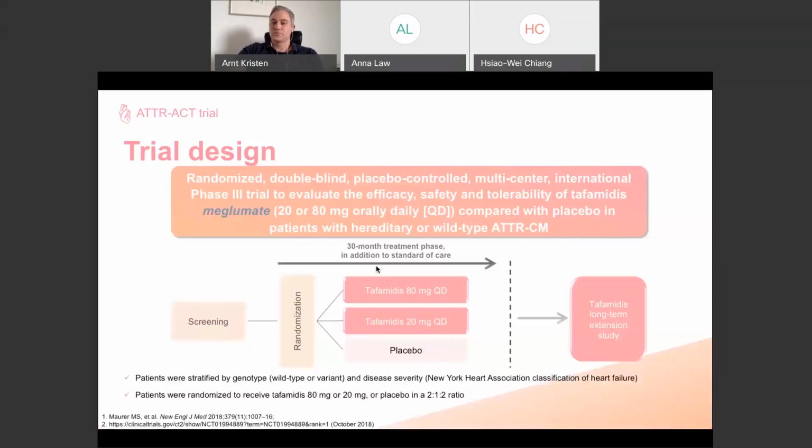The second group is the tafamidis group 20 milligram and a placebo group, and the randomization was 2 to 1 to 2, and the study duration was 30 months.